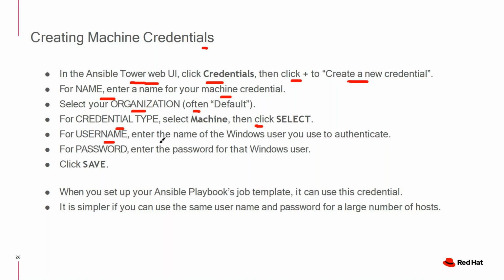For username, enter the name of the Windows user you use to authenticate. For password, enter the password for that Windows user and click on Save. When you set up your Ansible Playbooks job template, it can use this credential. It is simpler if you can use the same username and password for a large number of hosts.